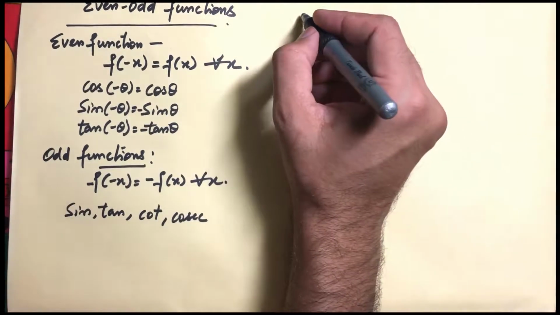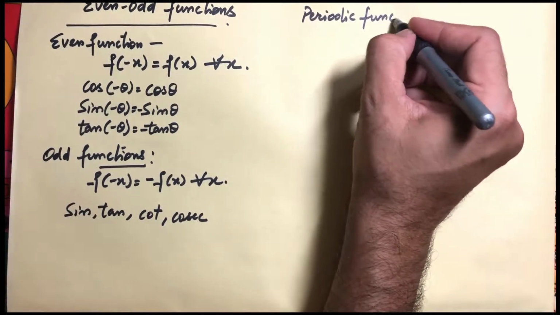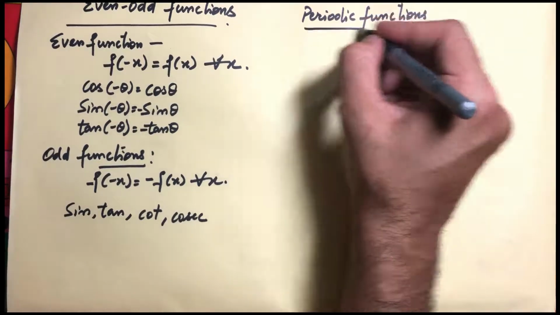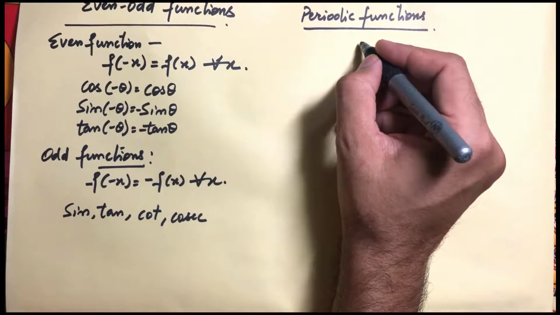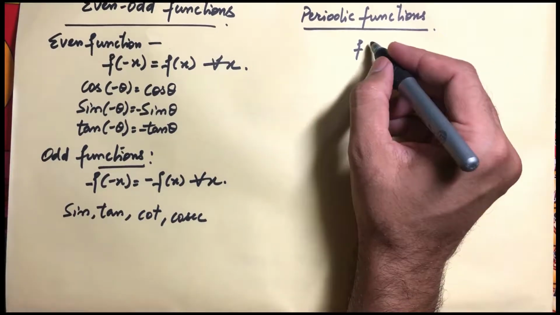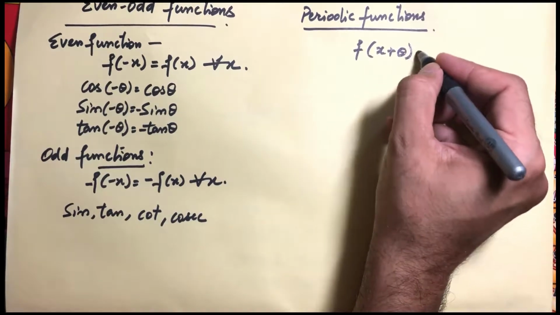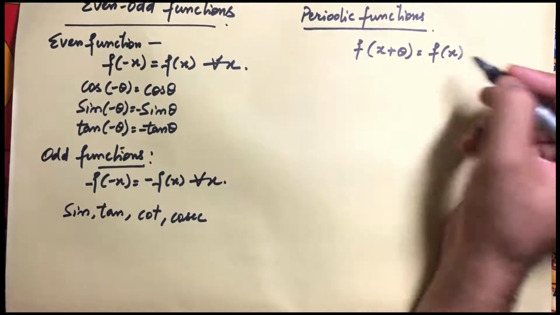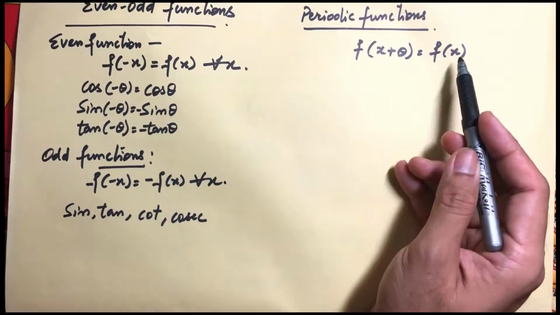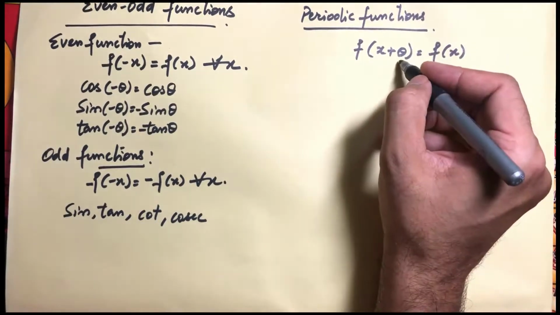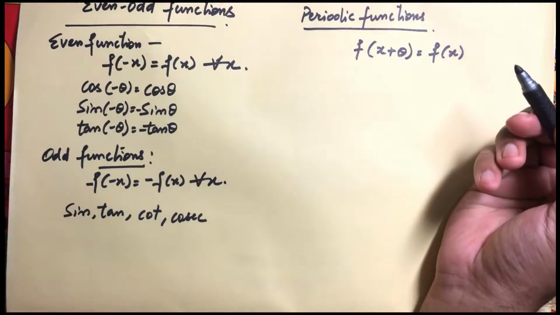Okay, next, periodic functions. Periodic function means if we have a function f, and if we add an angle theta to x and it is again f of x, then the least value of theta is called the period and the function is called a periodic function.